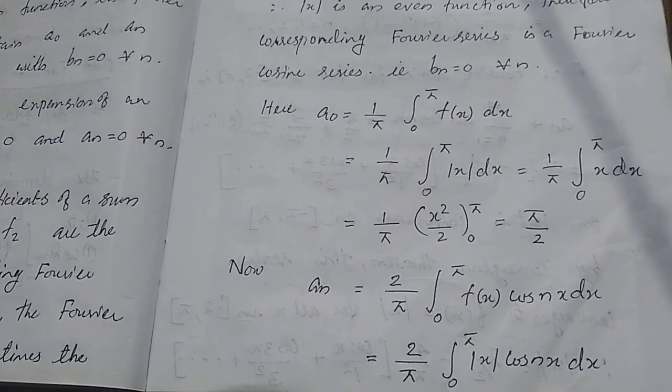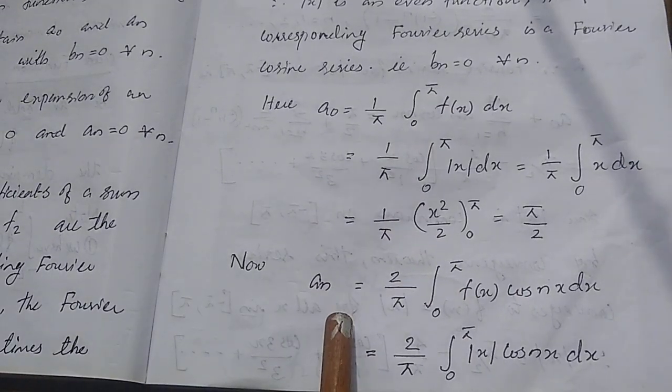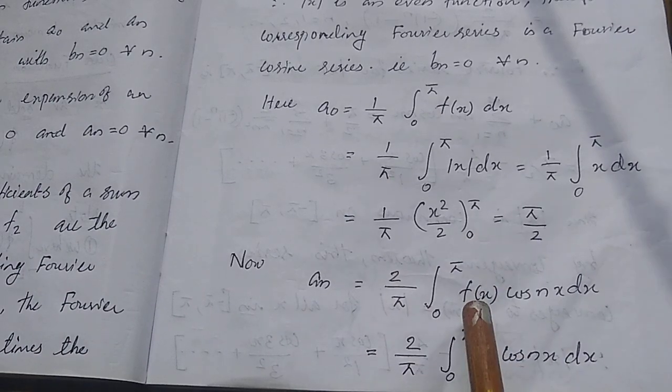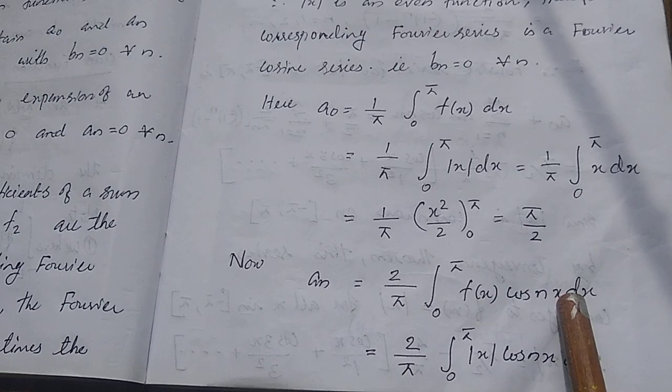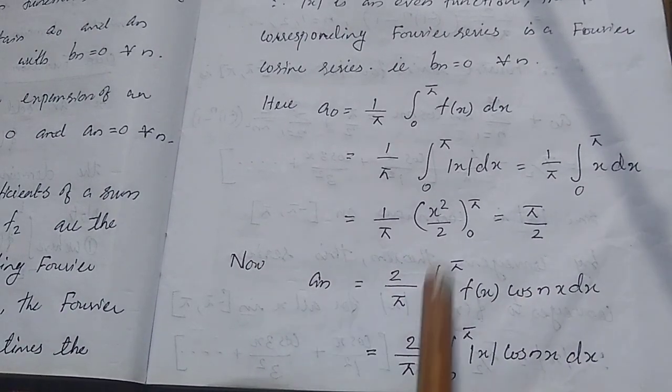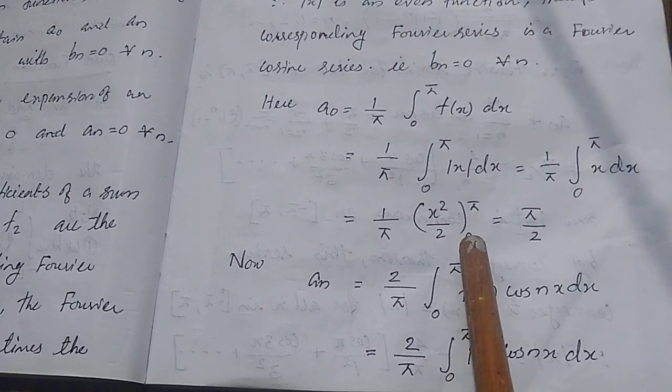Similarly, we are finding the value for an. Again, an is exactly 1 by pi into integral minus pi to pi, but f of x is even and cos nx is even. So both are even functions, and we can write this as twice the integral from 0 to pi.